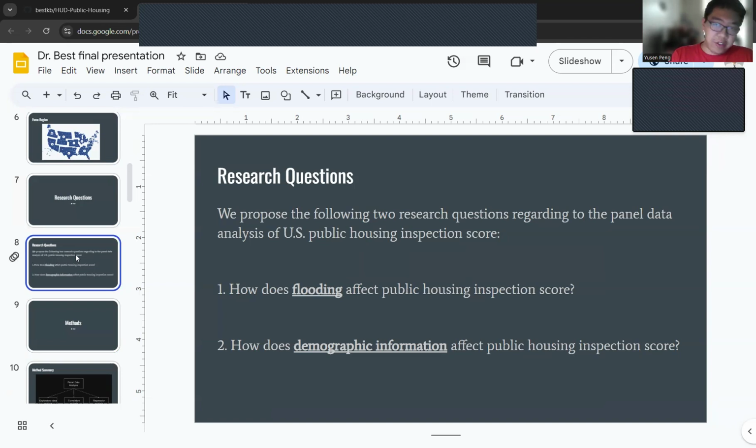The other contributing factor is the demographic information, which can also affect the public housing inspection score. The demographic information includes age, sex, gender, income, jobs, and so forth.